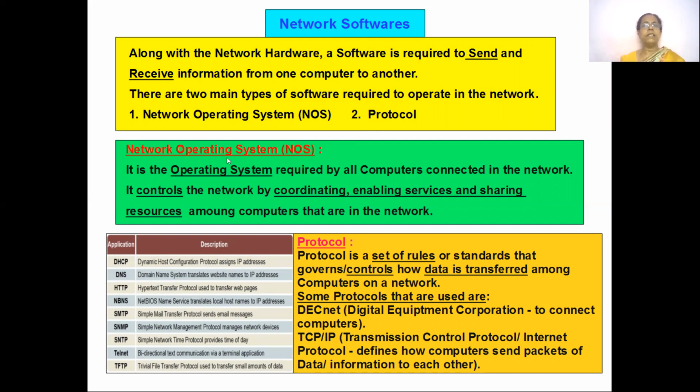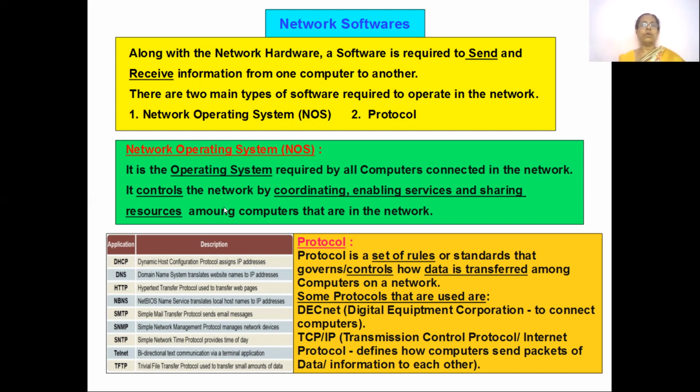Let's see what is the network operating system. The network operating system is necessary to have on all computers that are connected in the network because it controls the coordination, the enabling services, and sharing of resources is possible only when you have this network operating system software.